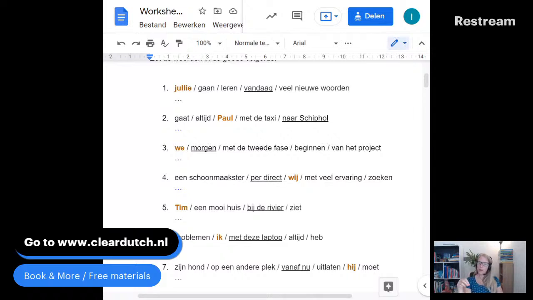And op een andere plek means in another place, so obviously this is the place, and it goes at the end of the rest, but before uitlaten. Hij moet vanaf nu zijn hond op een andere plek uitlaten. And if you make it with inversion, starting with vanaf nu: vanaf nu moet hij zijn hond op een andere plek uitlaten.